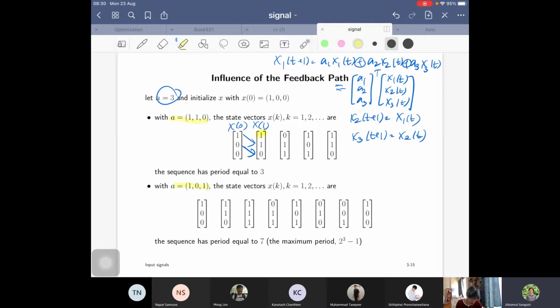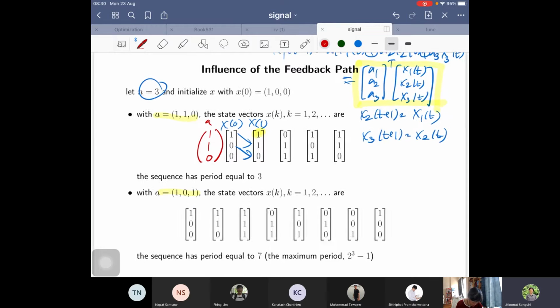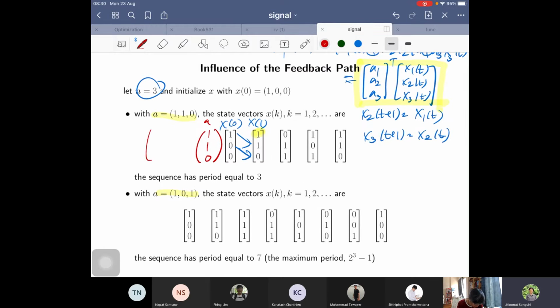The entry of x1 is going to be given by this equation, right? So if I write the vector A here, 1, 1, 0, and then you do the inner product. If I just multiply element-wise, it's going to be 1, 0, 0, right?